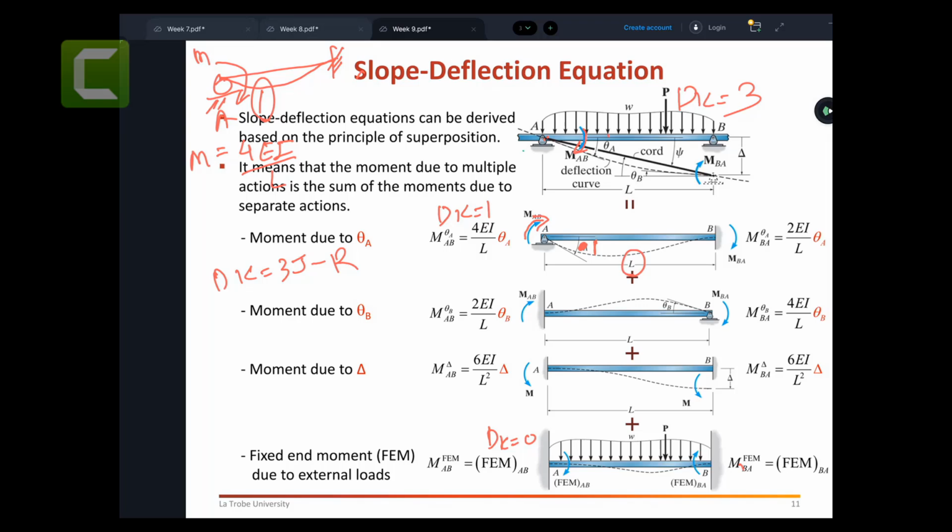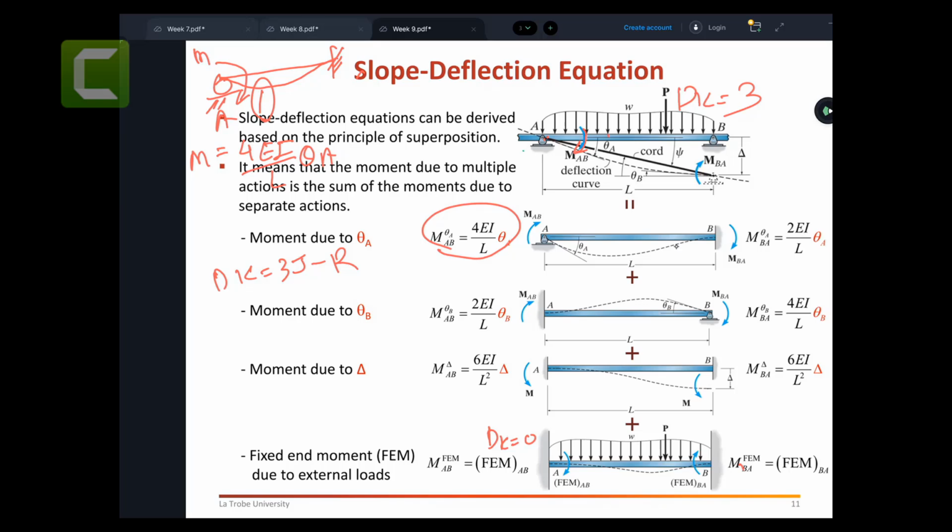If for 1 degree of rotation the moment required is 4EI on L, how much moment is required for theta A? Just multiply by theta A. So the moment required to cause the theta A rotation is 4EI on L theta A. What is the reaction moment here?